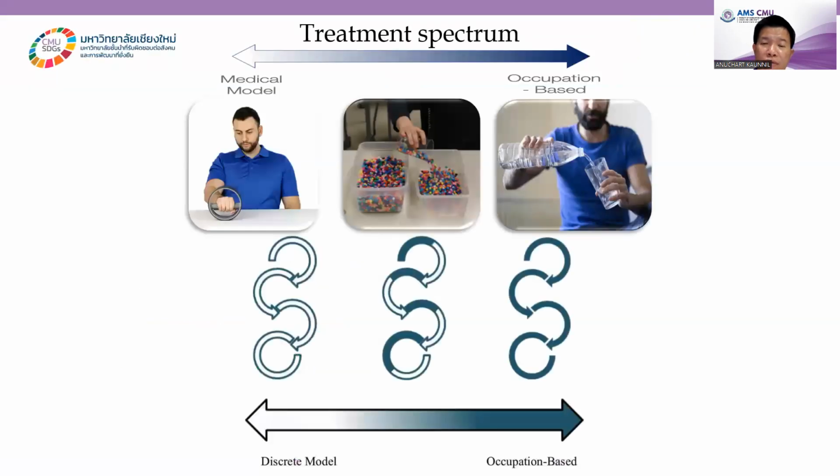Okay, have a look here. It's very important. You can see the treatment spectrum. Here is the medical model. We use things like pronate, supinate, right? This is what we call the discrete model.